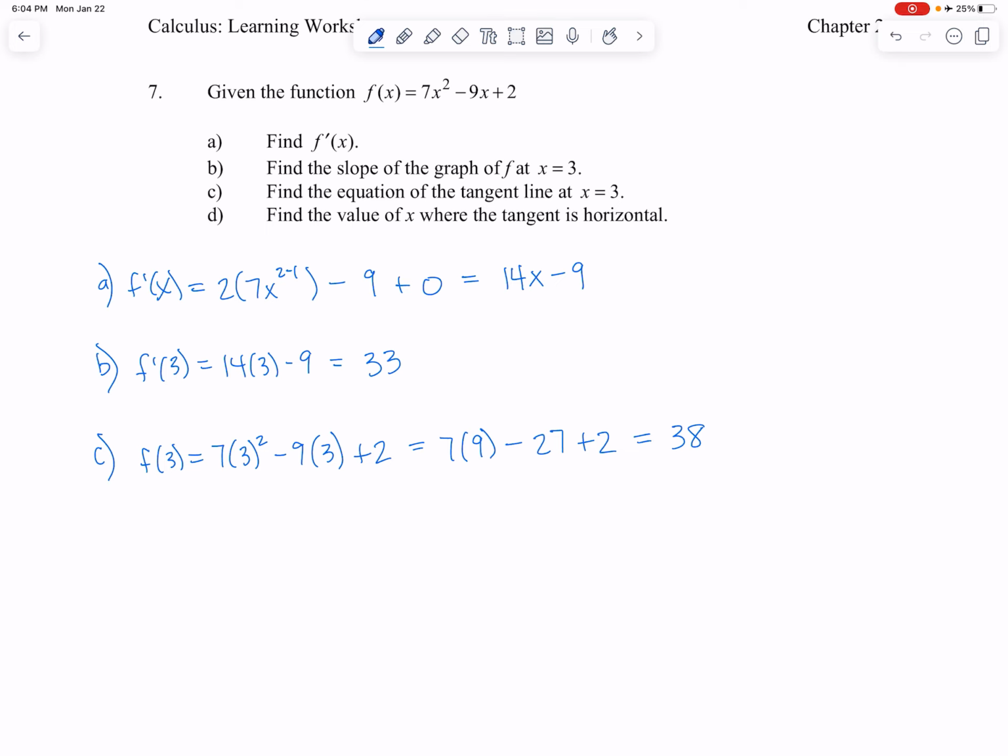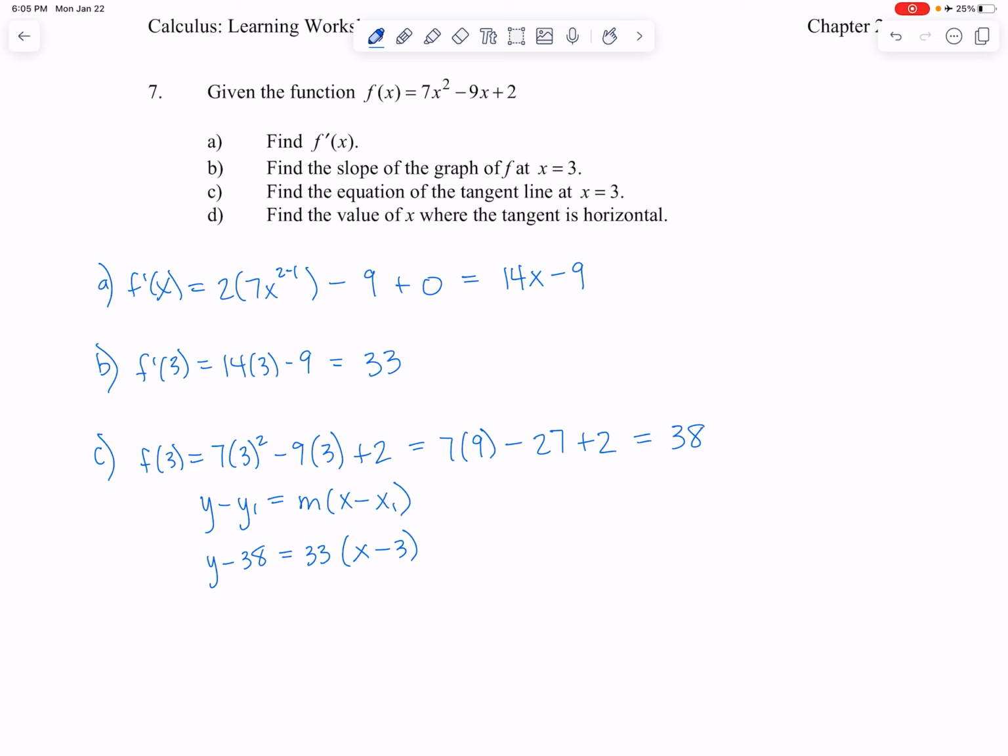So we have our x, we have our y, and we have our slope. So since we have a point and a slope, I'm going to use point slope form to find this equation. Y minus y1 equals m times x minus x1. So I've got y minus 38 equals 33 times x minus 3.